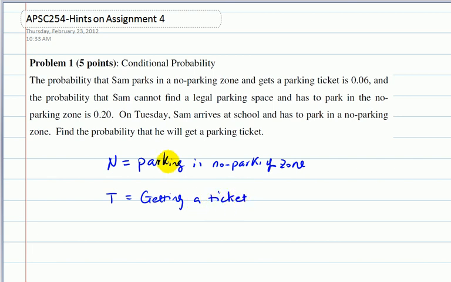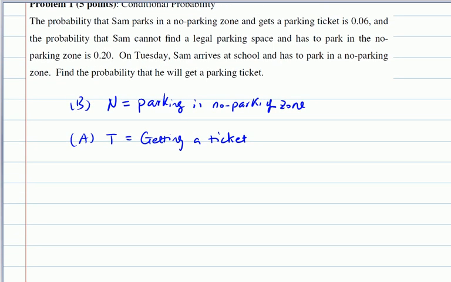Okay. So you can always define something. This is A or B, whatever you want. Okay. So now you can use the formula for conditional probability.